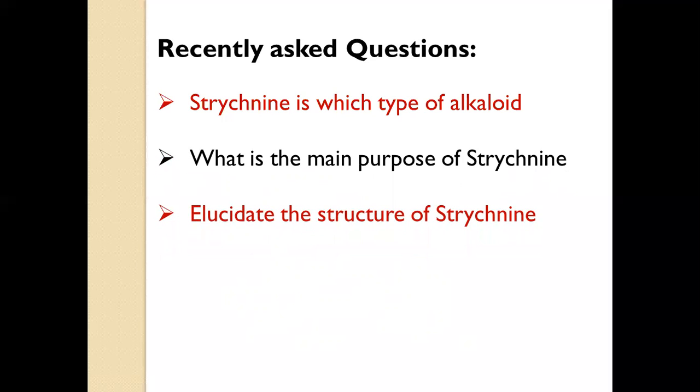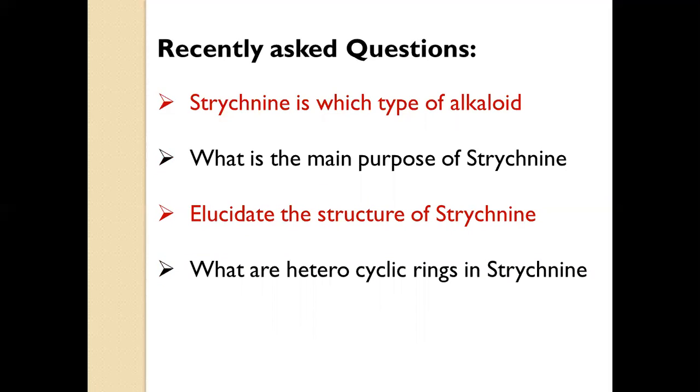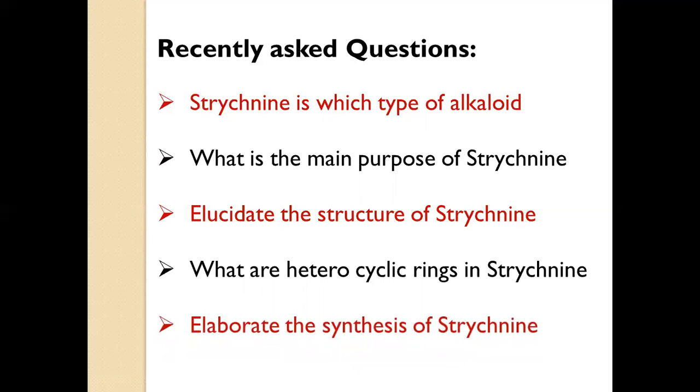It is an indole alkaloid and there are 2 tertiary nitrogens. One oxygen is carbonyl group, the other is in the form of ether in the 7-membered ring. So what are the heterocyclic rings in strychnine? So we can see indole nucleus and another nitrogen is in the 6-membered ring, that is the pyridine ring.